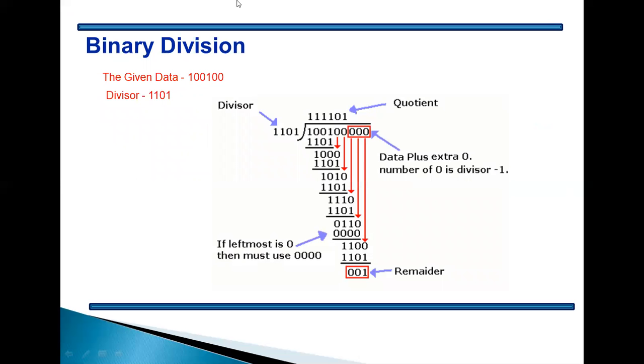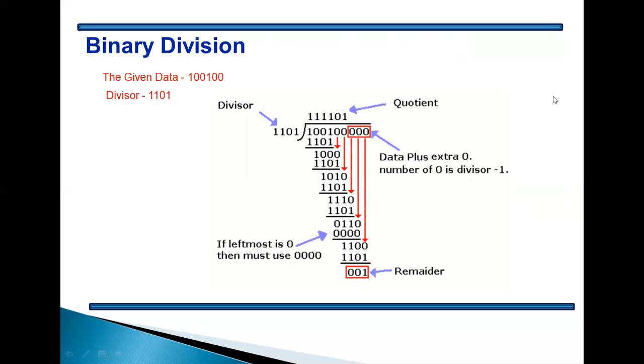Example, the given data is 100100. Okay, data plus extra 0s, where the number of 0s is divisor length minus 1. That means the divisor is 1101, 4 digits. You have to add 3 zeros to this original data.